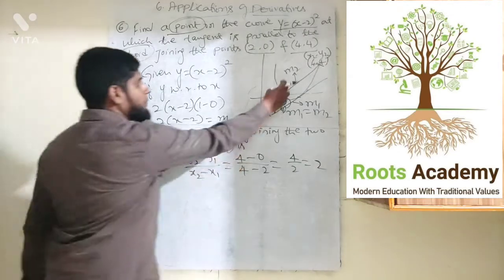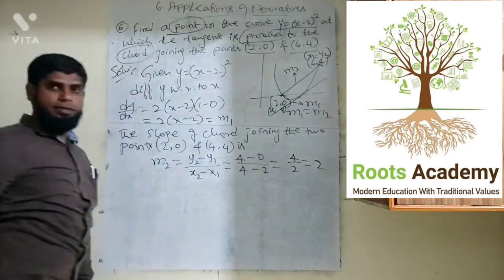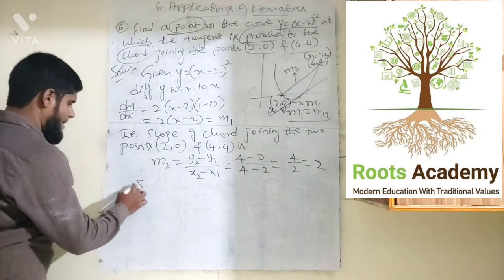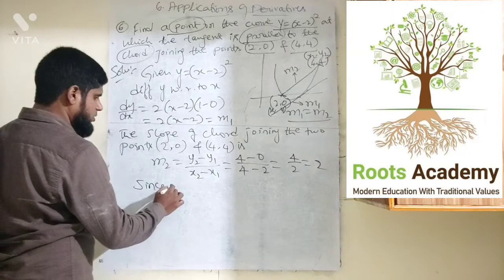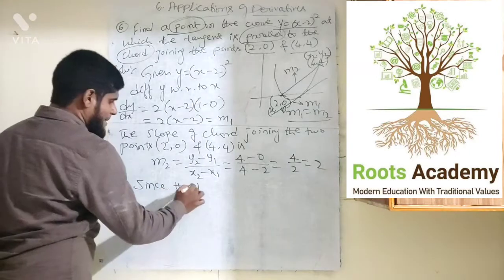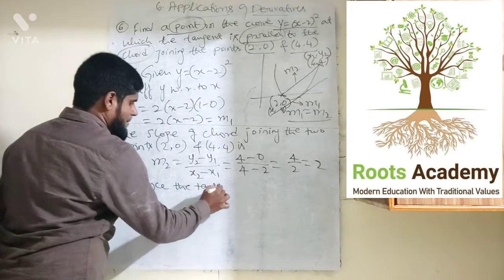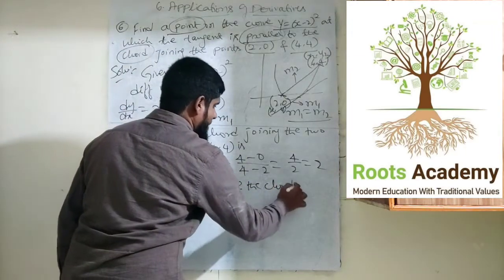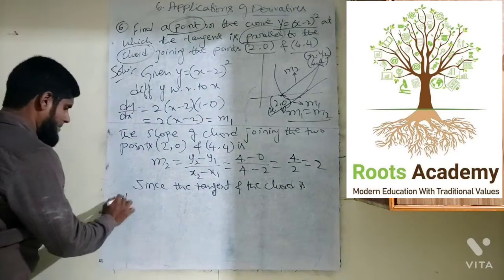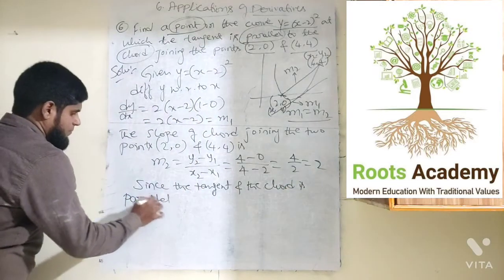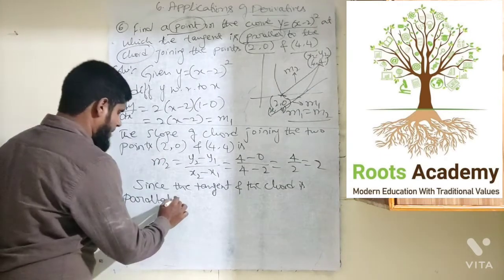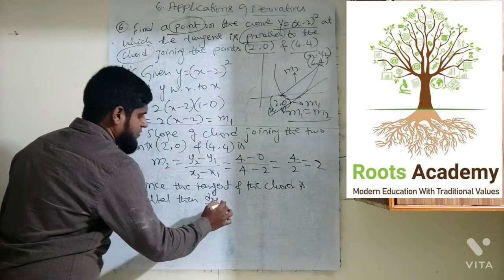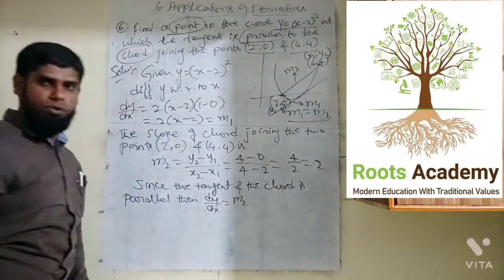And he said that these two are parallel, isn't it? So the condition for parallel is this. Since the tangent and the chord are parallel, then dy by dx is equal to m2.